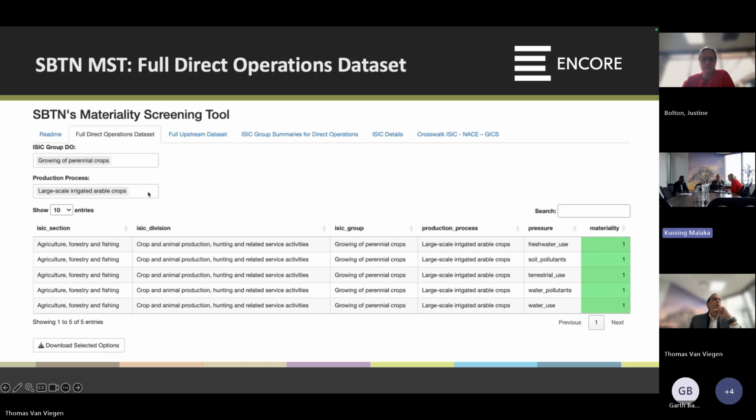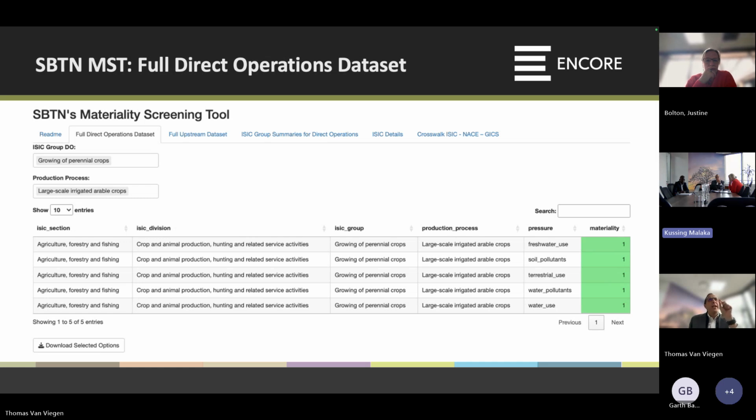And once you have these two in, it automatically selects from the database the different aspects, and particularly production processes and material pressures that would be applicable to large-scale irrigated crops. So this is all highlighted as being highly material to that specific production process. Things such as freshwater use, soil pollutants, terrestrial use, water pollutants, and water use.